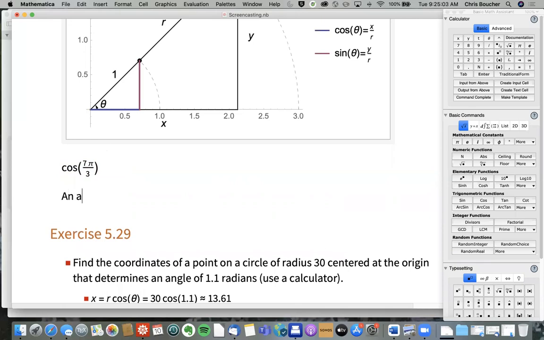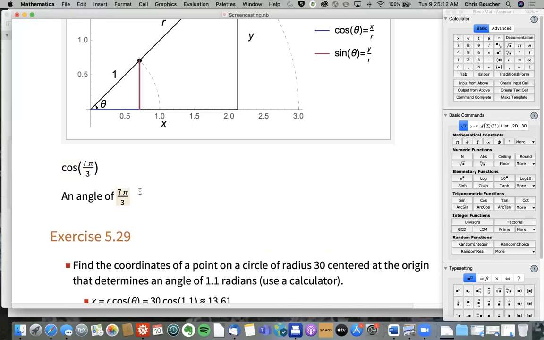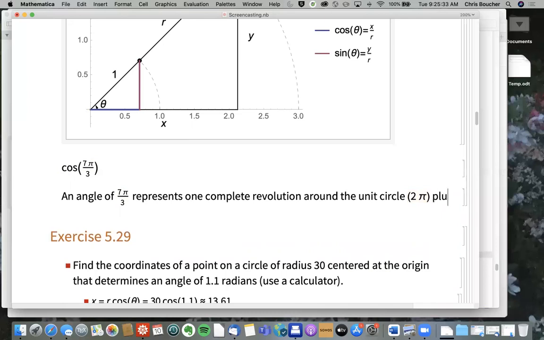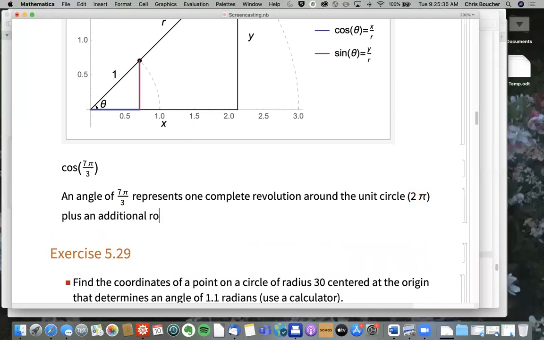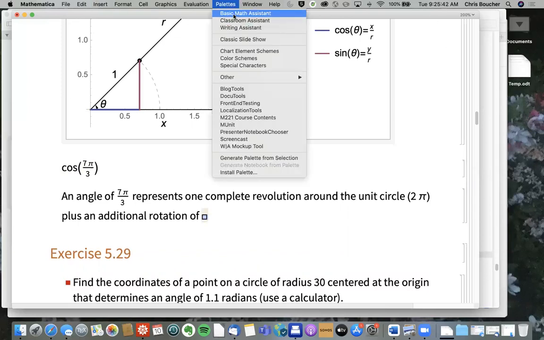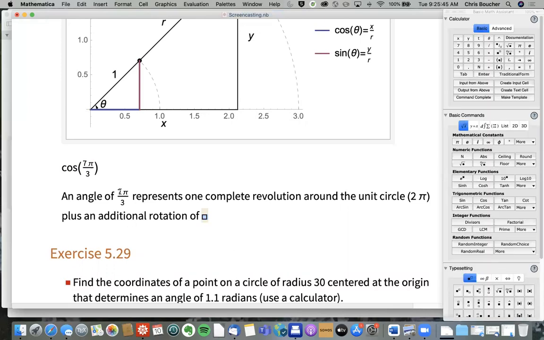So an angle of 7 pi over 3 represents one complete revolution around the unit circle, which is 2 pi, plus an additional rotation of pi over 3.